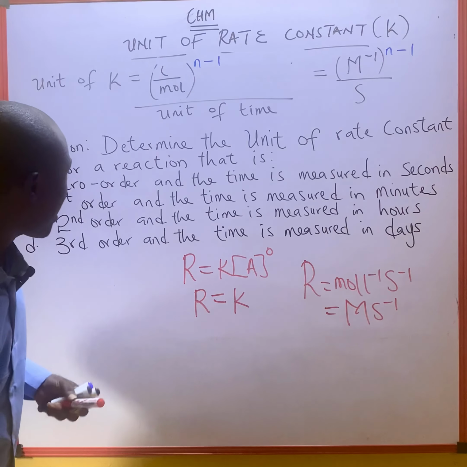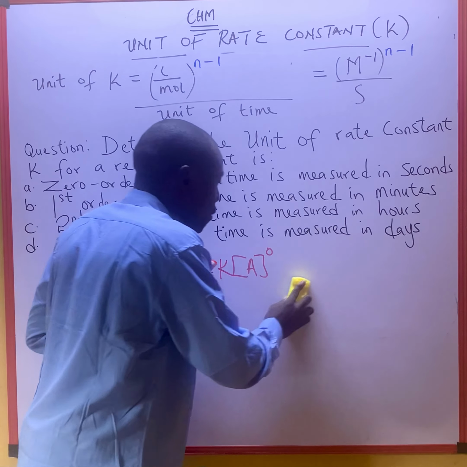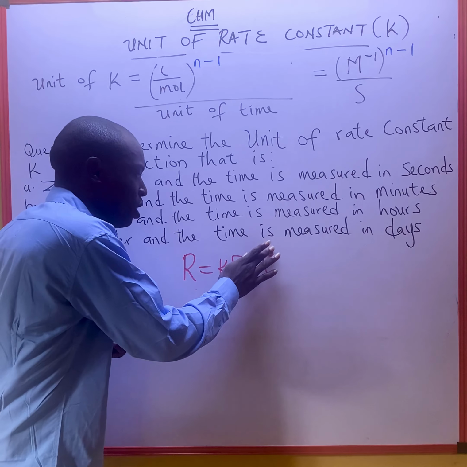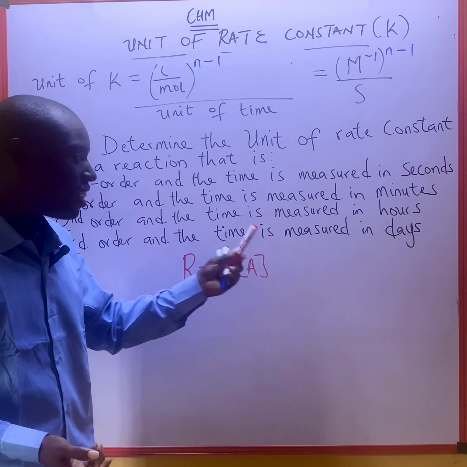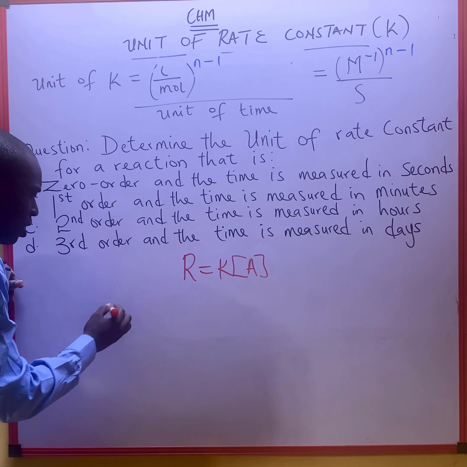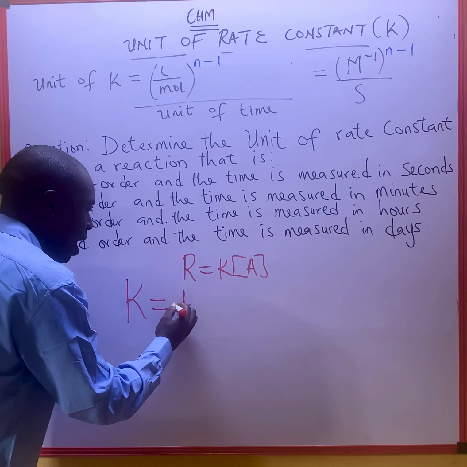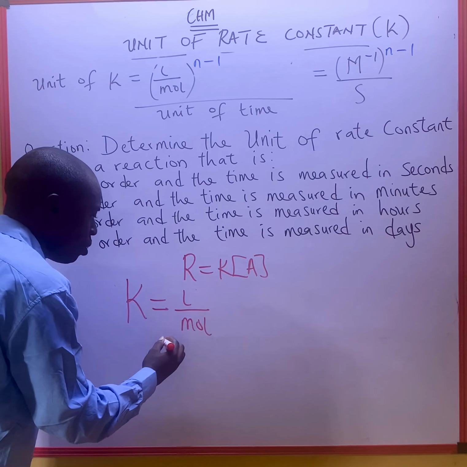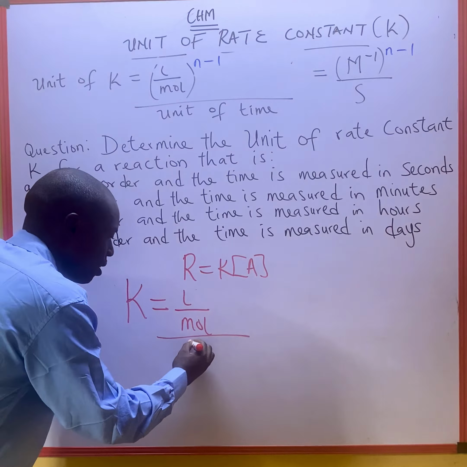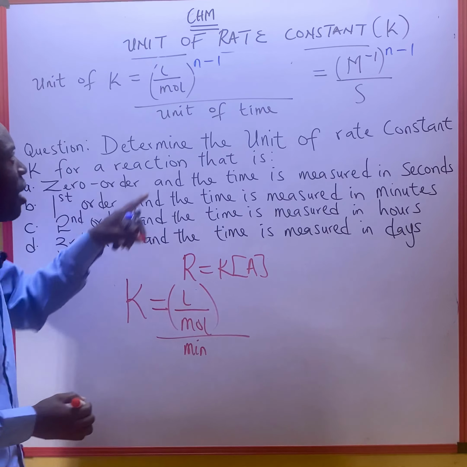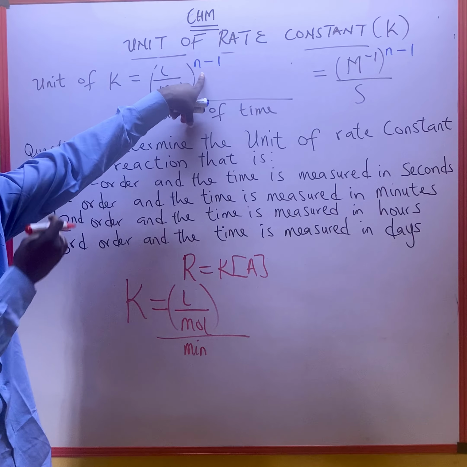Now, we move to the second one, which is for B. They said first order. For a first order, you just remove this 0, and the power of A here is 1. Let us use this shortcut to address it. The unit of K is equal to liter per mole over the time, measured in minutes, raised to power n minus 1, where n stands for the order of the reaction.